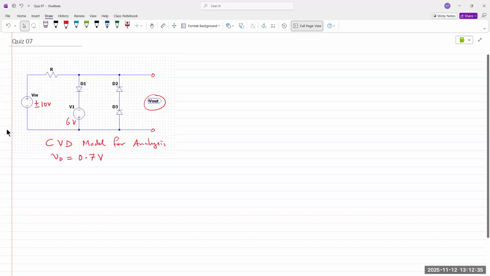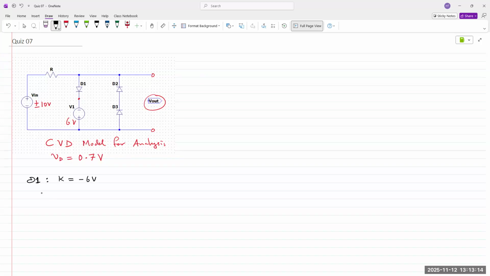So 0.6 or 0.7 is fine if it's not given. All right, so what's the first thing we do when you have a source connected to a diode? Let's take a look at what the potential is at either terminal of the diode. So in this case, for D1, the cathode is held at minus 6 volts.